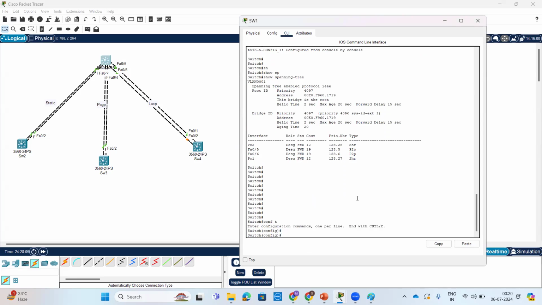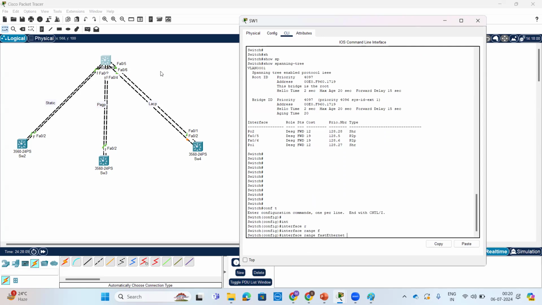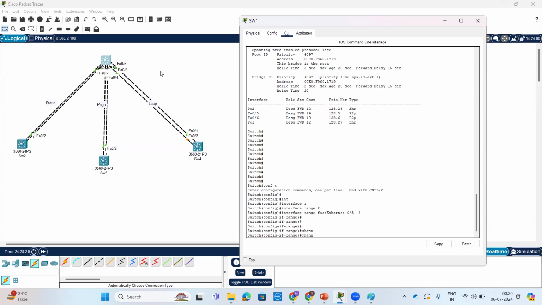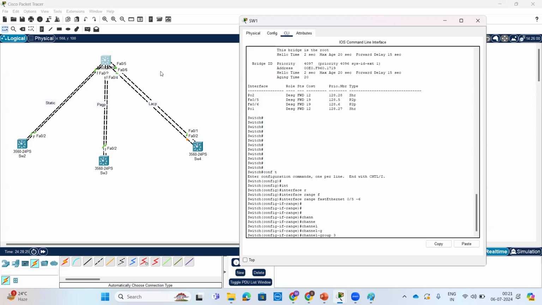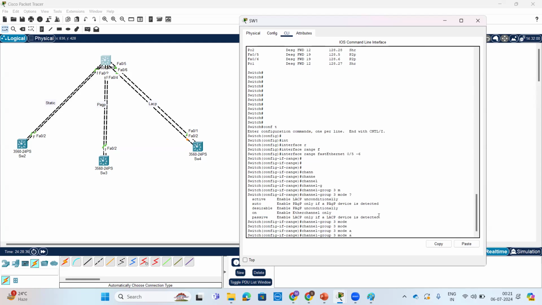Config terminal, interface range, FastEthernet 0/5 to 6. Three modes we have: on, active and passive. I'll use the other. This is the active and this one is the passive.